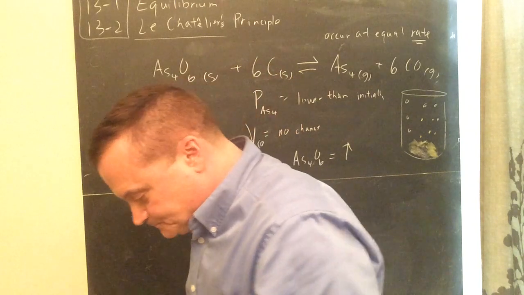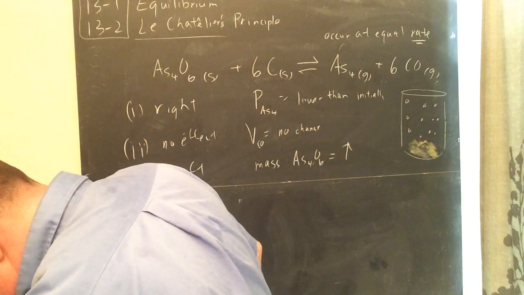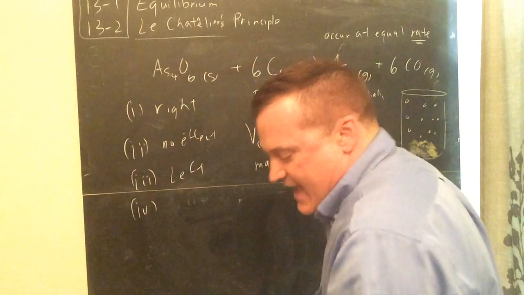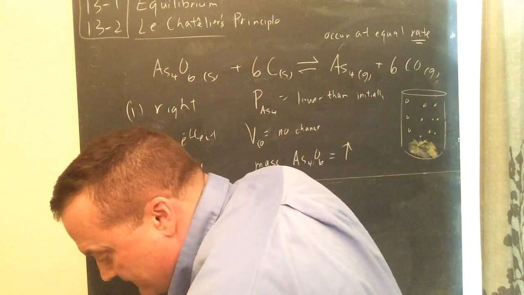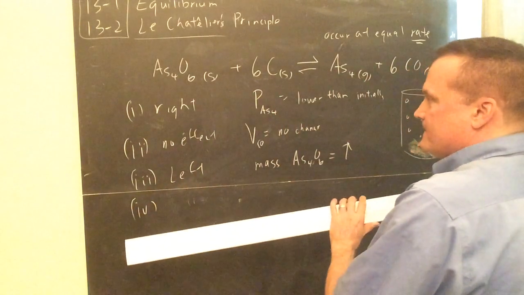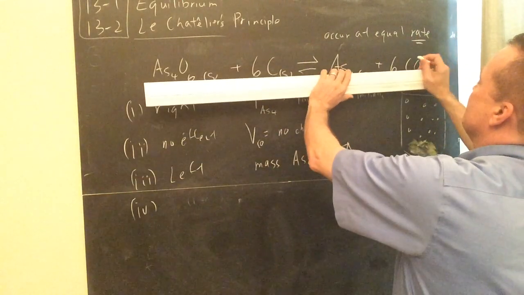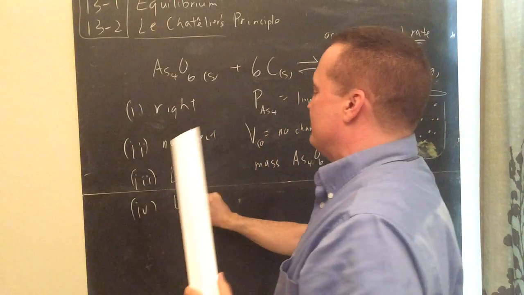And then number 4, it says, what if you add CO gas? Well, same thing. How will that affect the equilibrium partial pressure of AS4 gas? Okay, so you add more of this. We know it's going to shift left.